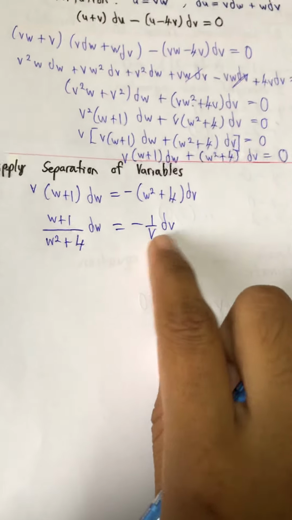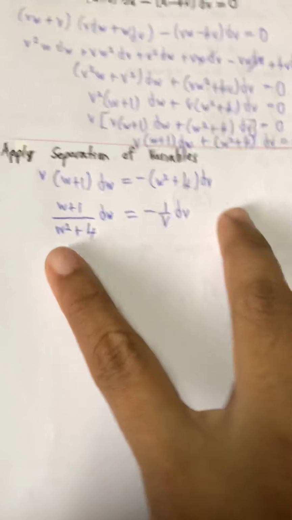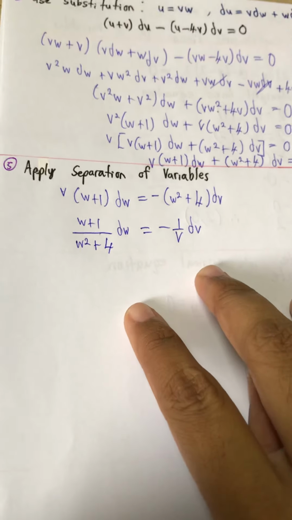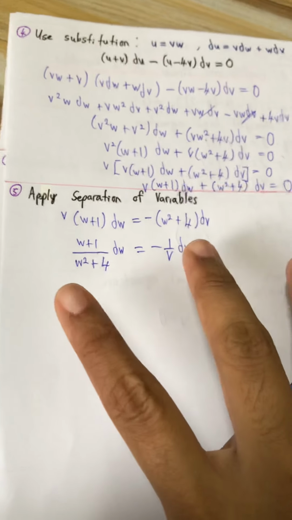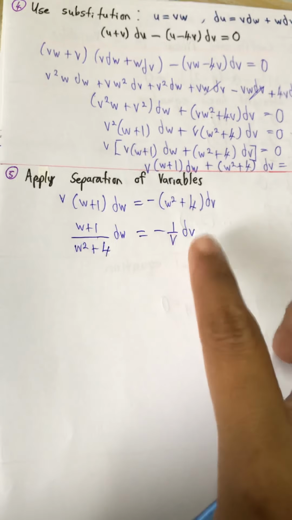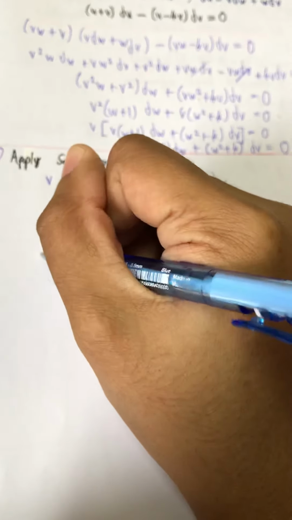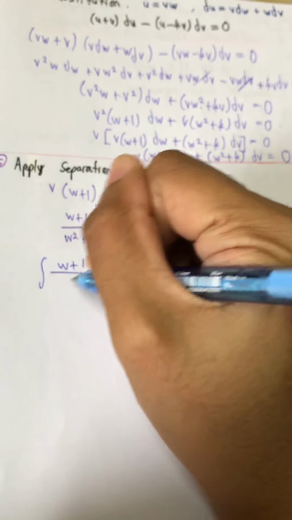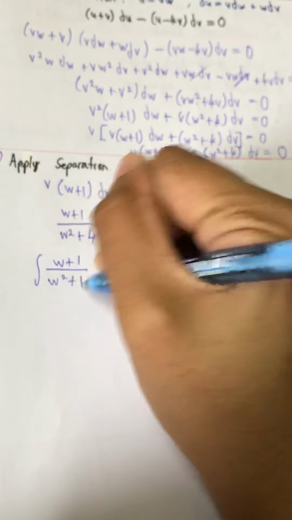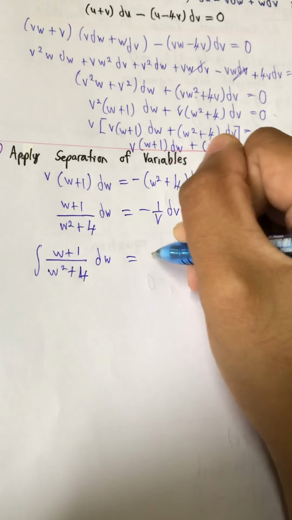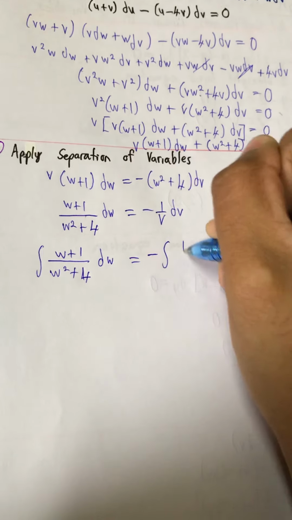So see here, we already separate the v and w into two parts, so we can integrate it easily. We just integrate both sides. We integrate this side with respect to w and this side with respect to v.